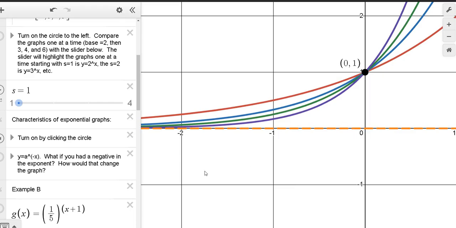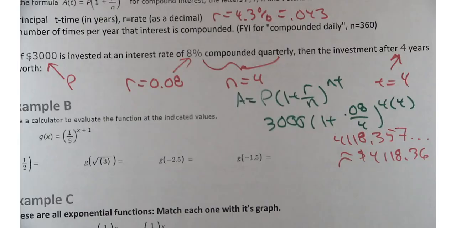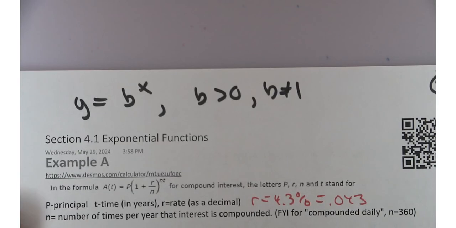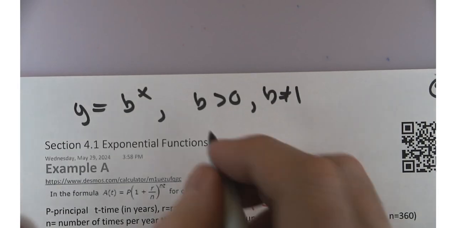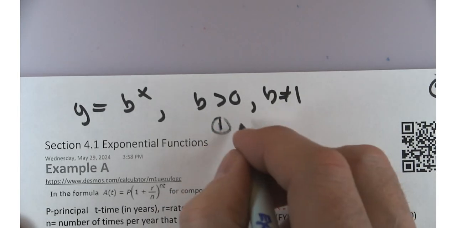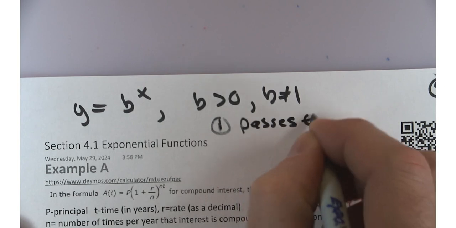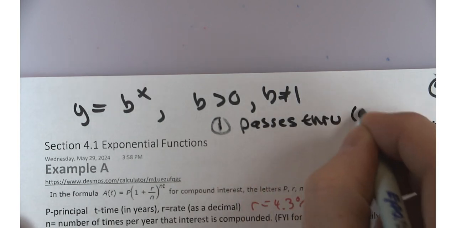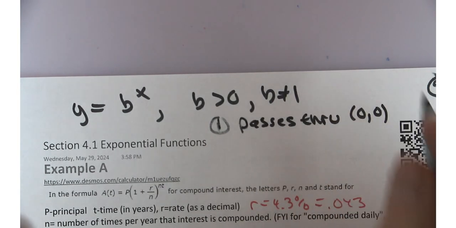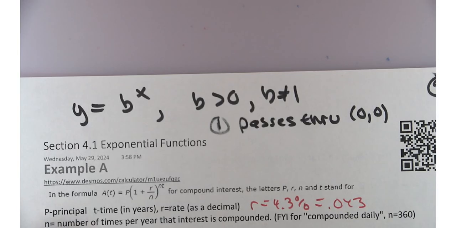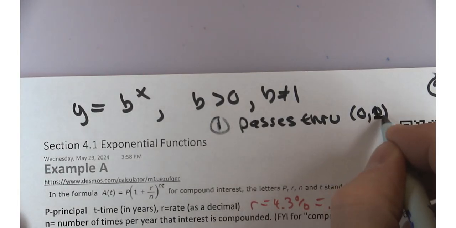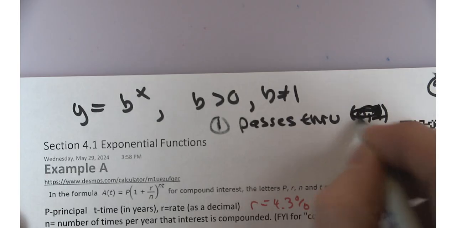So let's write down a few things about this graph. One is that it passes through the point 0, 1.